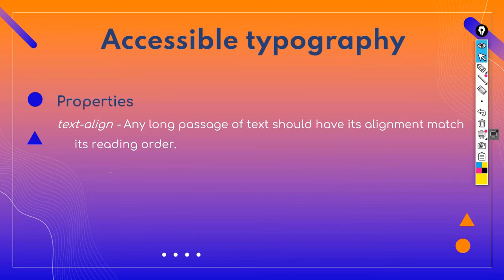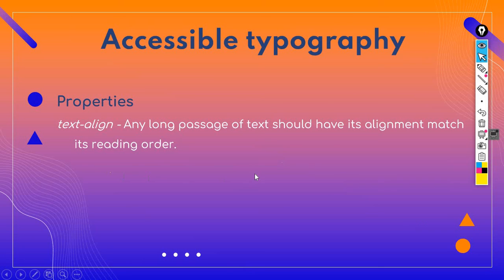And for the text align property, any long passage of text should have its alignment match its reading order. So that means if the language is English, which is read from left to right, then any long passage of text should be aligned left.